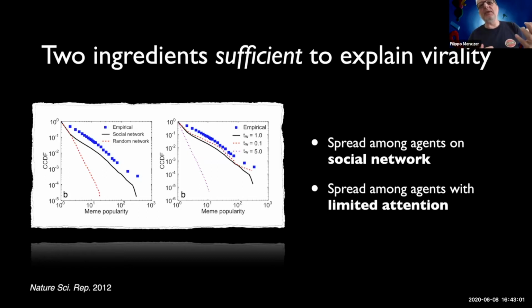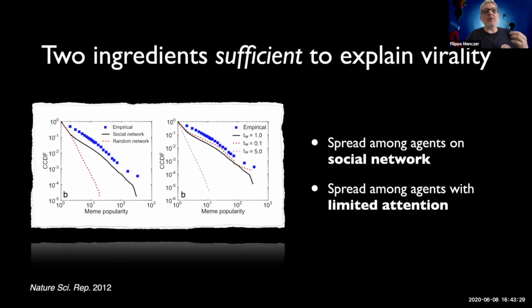And number two is the fact that agents have limited attention. If we assume that agents can explore lots and lots of things in their feed before deciding what to share, then you don't see this broad distribution of popularity. But with these two ingredients, the structure of the social network and the limited attention by the agents, you find that inevitably you find this broad distribution of popularity.